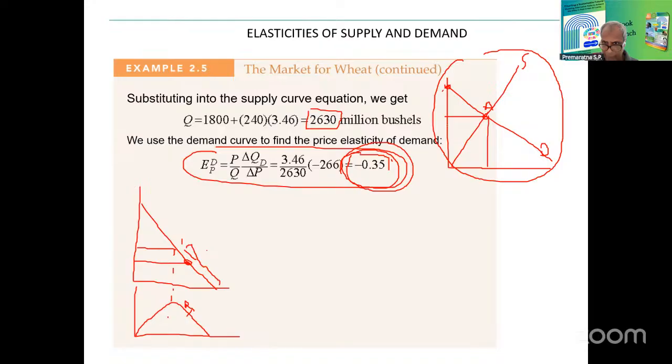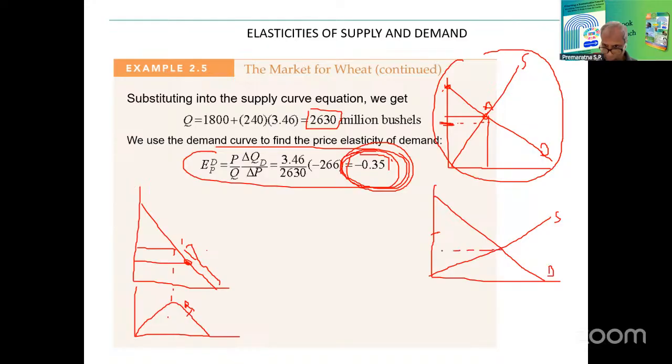And this equilibrium point is located above the midpoint. If it's located above the midpoint, the elasticity must be greater than 1. In that case, when you draw this curve, you have to draw something like that. Otherwise, I deduct marks.